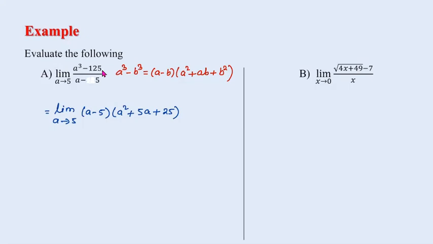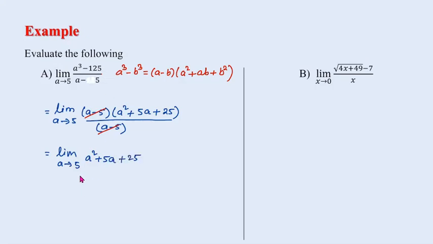Now you can clearly see you can cancel this a minus 5 from the numerator and also from the denominator. So you'll get the limit as a approaches 5 of a squared plus 5a plus 25.